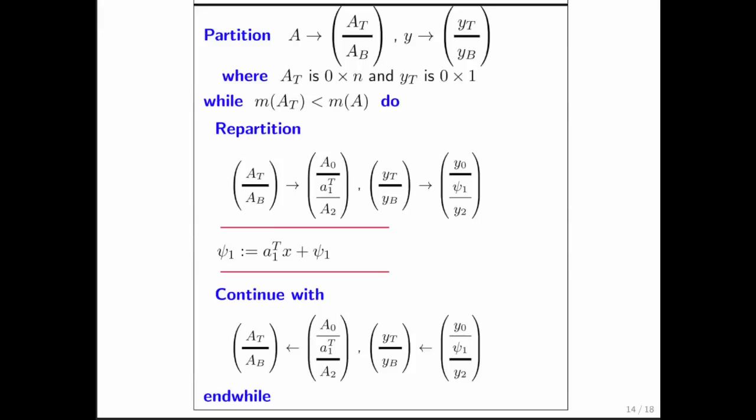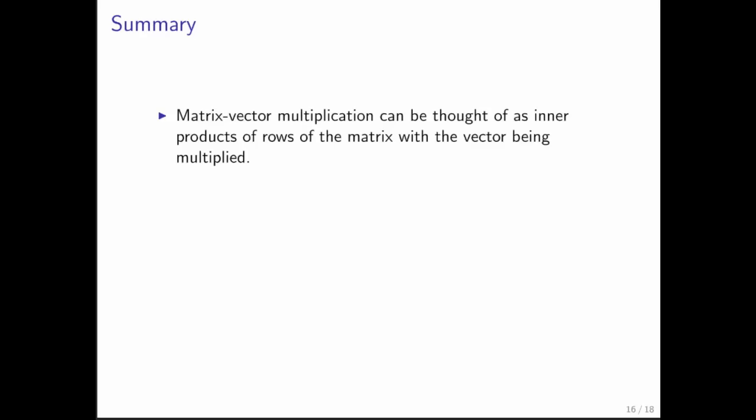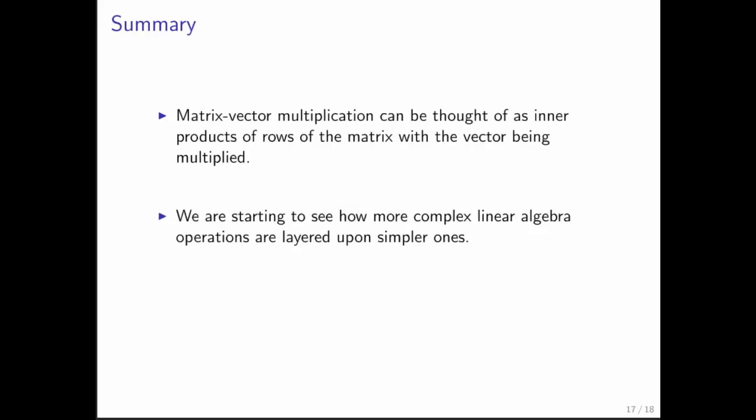And since we have a programming assignment associated with this, I'll just let that programming assignment make it clear what's going on here. So in summary, a matrix vector multiplication you can think of as taking dot products or inner products of the appropriate rows of the matrix with the vector being multiplied.